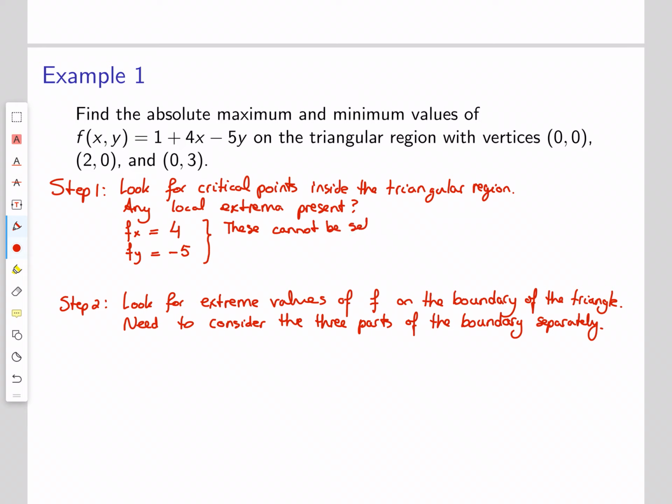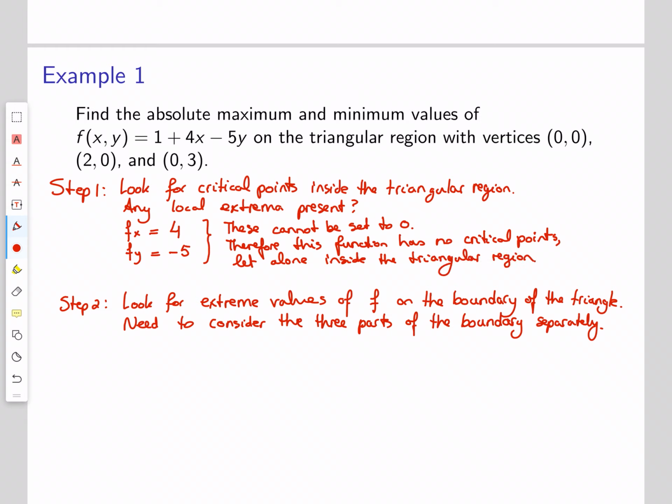So these cannot be set to 0, and therefore this function has no critical points at all, let alone inside the triangular region. So right away we know that the absolute max and mins have to occur on the boundary.